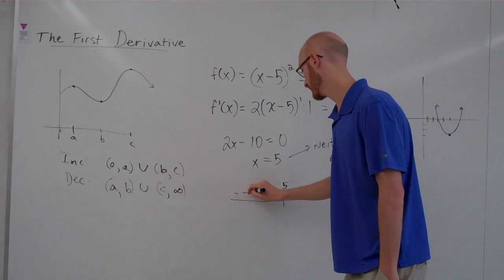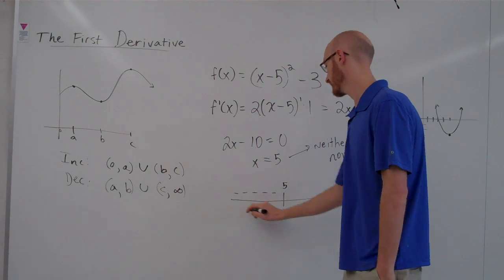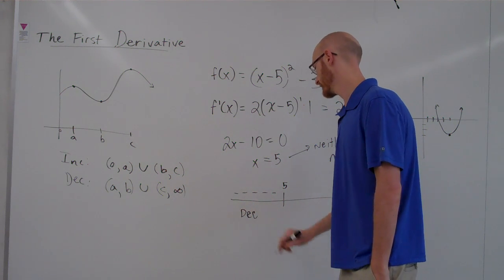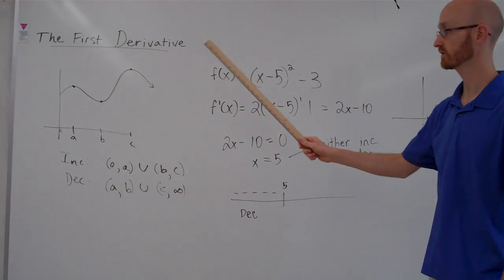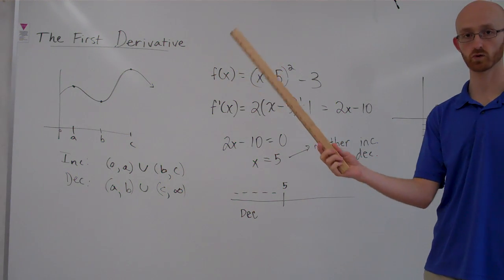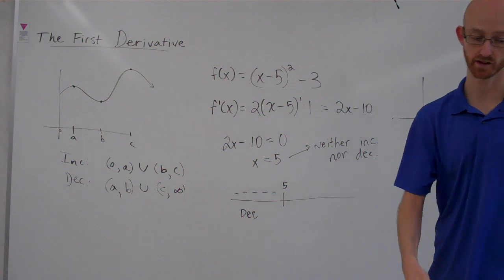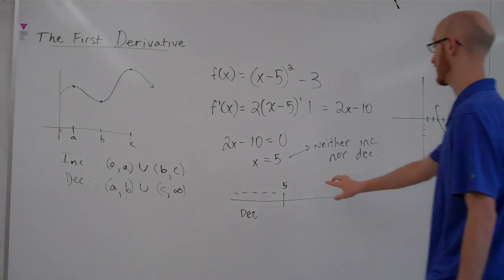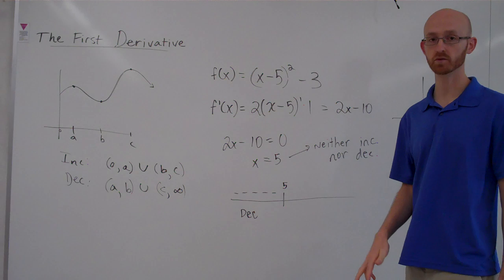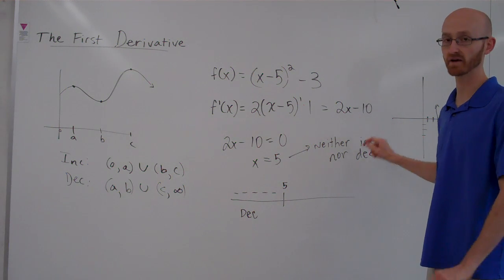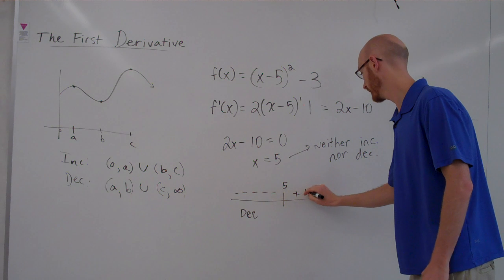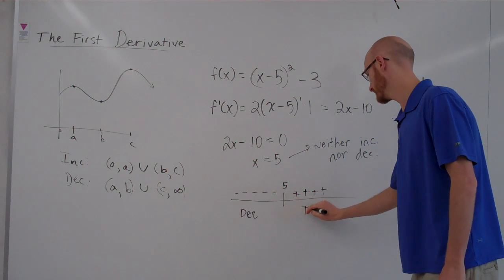So I'm just going to indicate that right here to say that's negative, which tells me this thing is decreasing because it means the derivative is negative, which means that the ruler is heading downhill, which means our function's heading down. And then take a number after 5, I will take a million. 2 million minus 10, positive. So it's increasing.